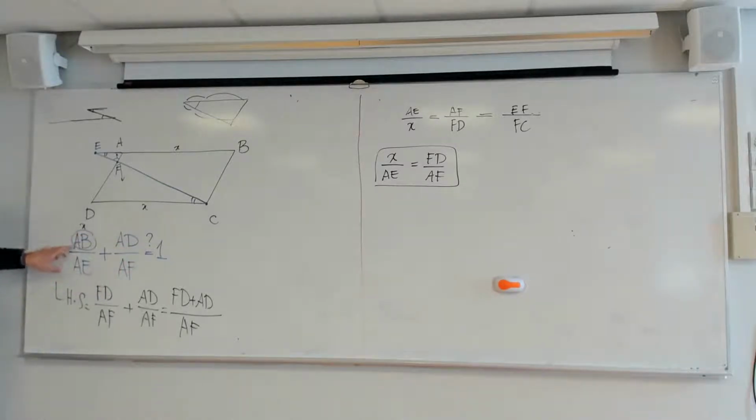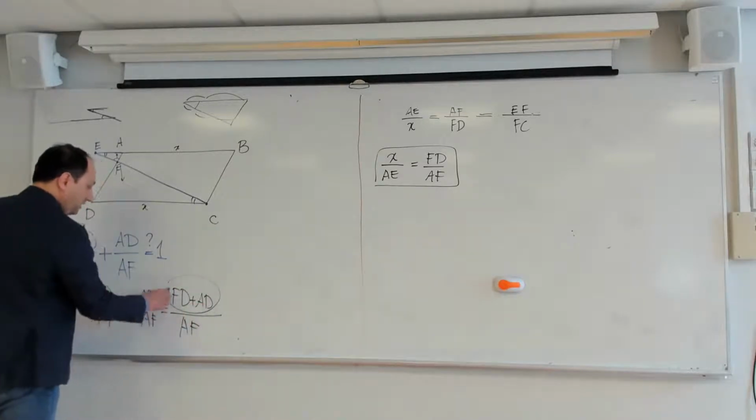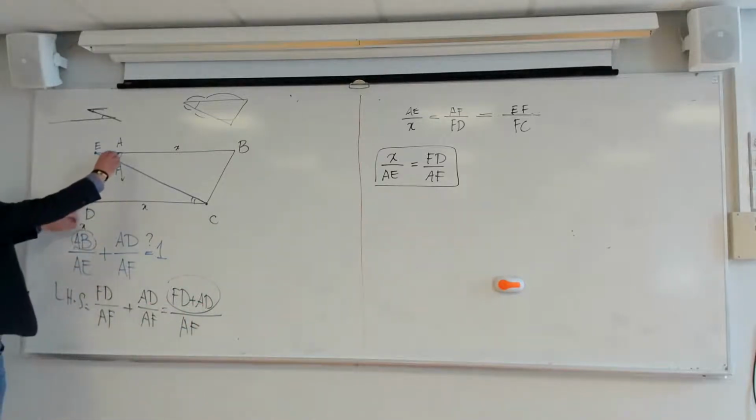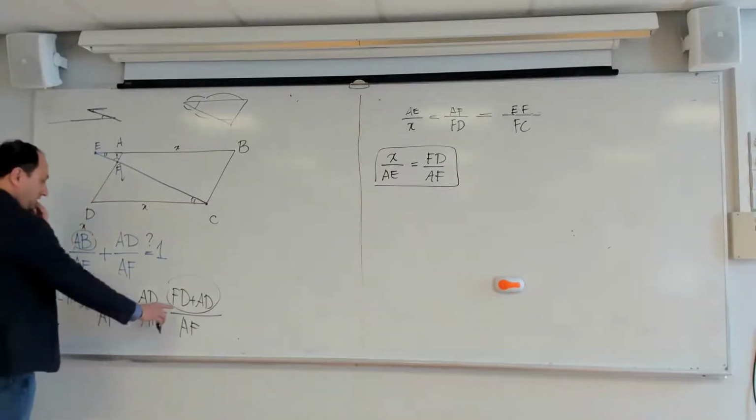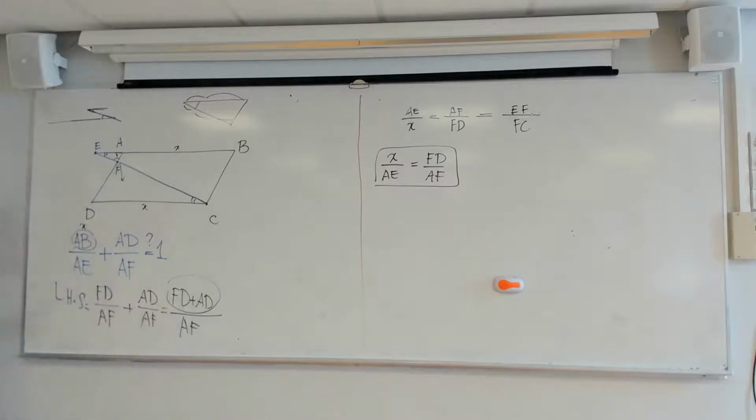Instead of AB over AE, AB is X, so I write X over AE, I write FD plus AD, and the denominators become the same, so I'm adding them. Is this equal to AF? Clearly not, because AF is from here to here. So why have they made this mistake here? Yes, it is clear. I'm completely sure.